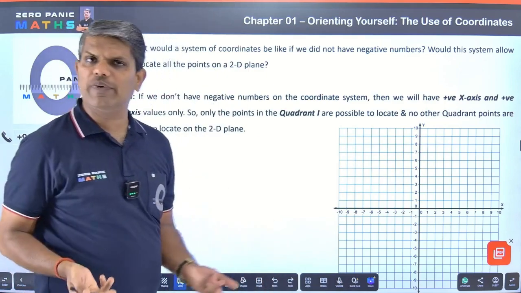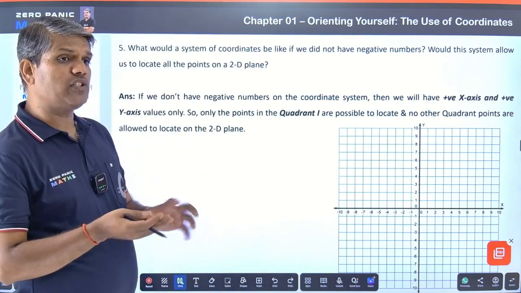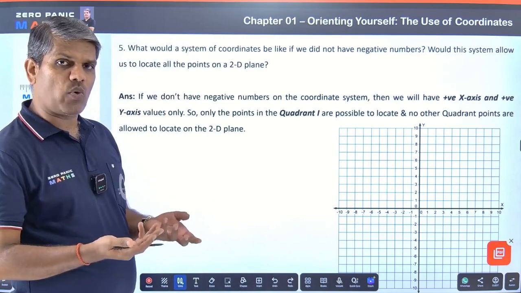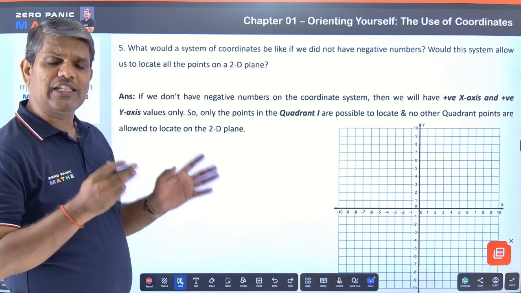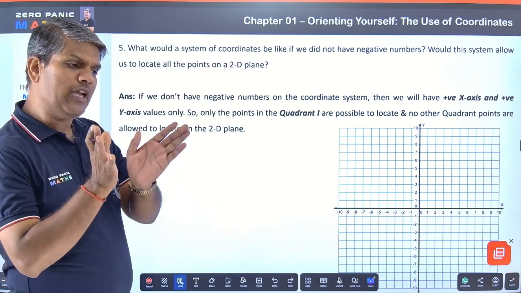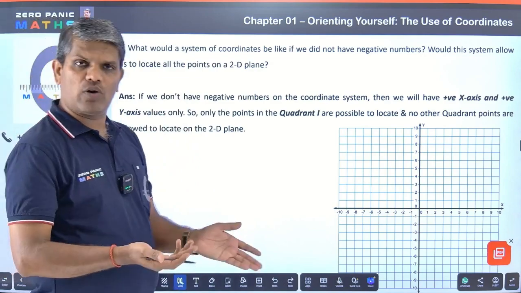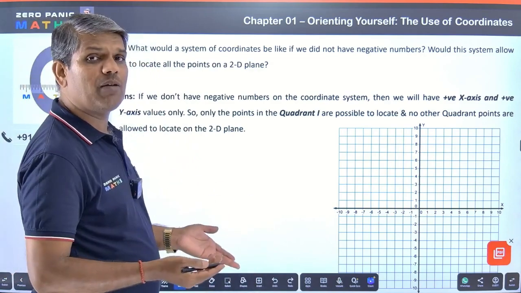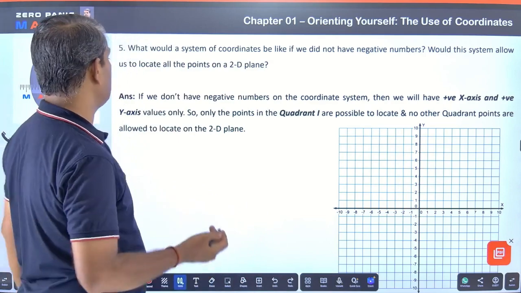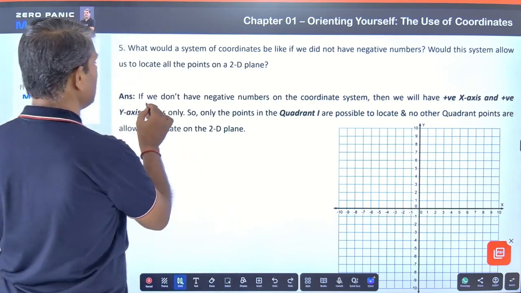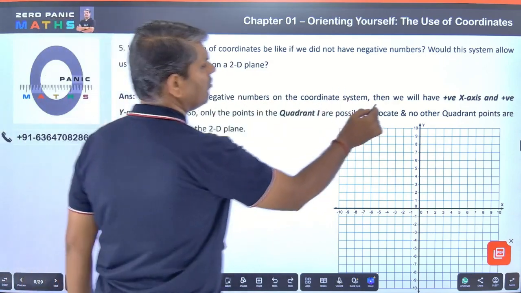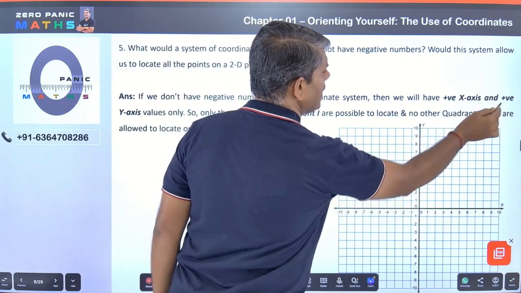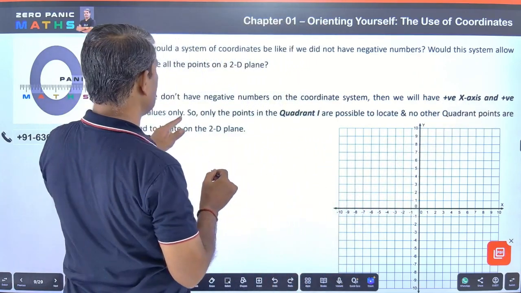No, we cannot display all the points, because points with negative y coordinates cannot be plotted. So the answer is, if we don't have negative numbers on the coordinate system, then we will have only positive x-axis and positive y-axis values.